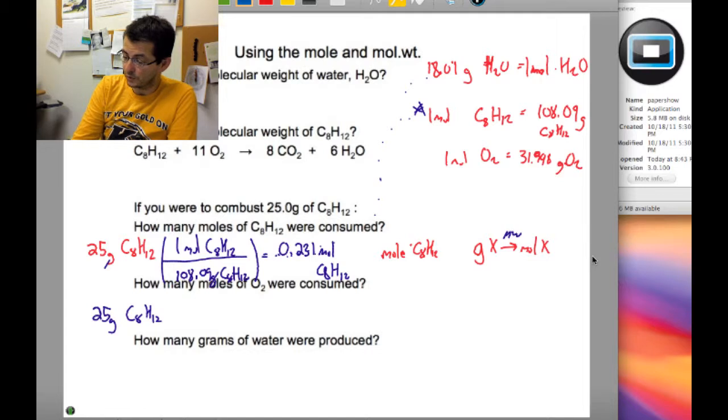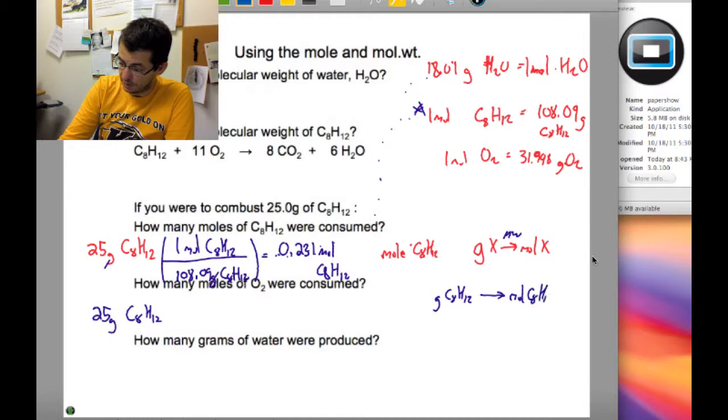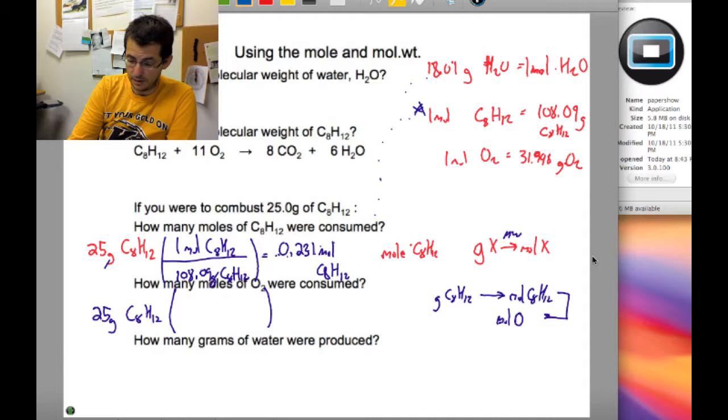We want to know moles of O2. We don't have a direct relationship. So we're going to convert our grams of C8H12 into moles of C8H12, and then convert that right into moles of O2. For every 108.09 grams of C8H12, it's equivalent to 1 mole of C8H12.